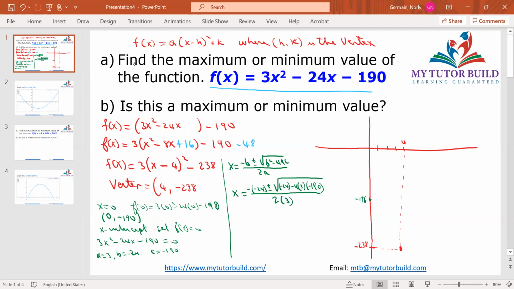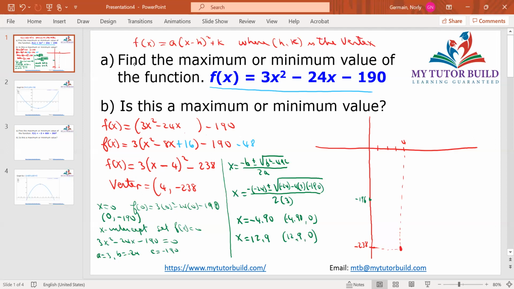Now, once you do everything, because I'm not going to do everything, you're going to find that one x would be equal to negative 6.90, and the other x would be equal to 12.9, which is 12.90.